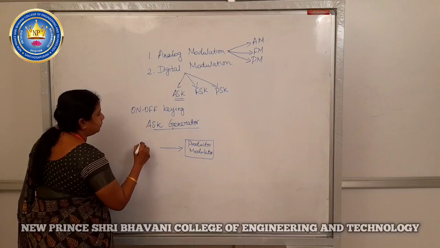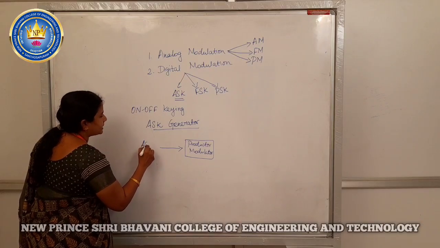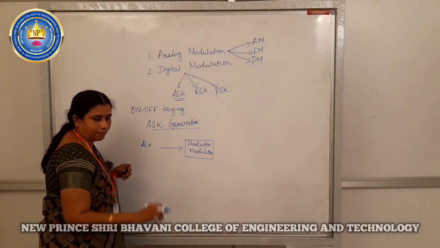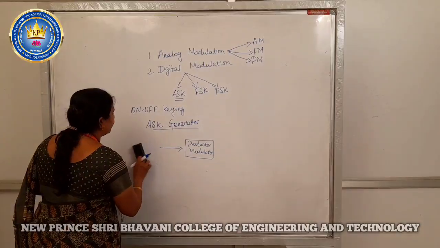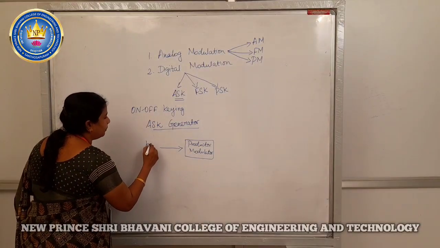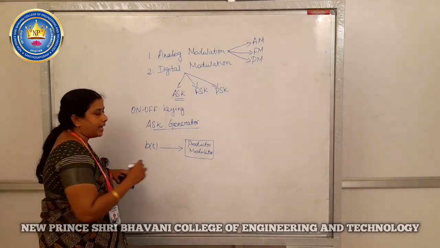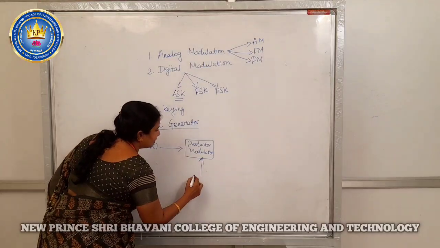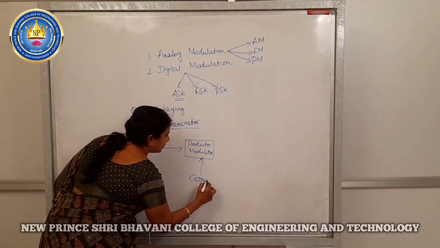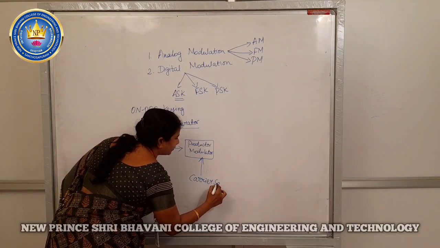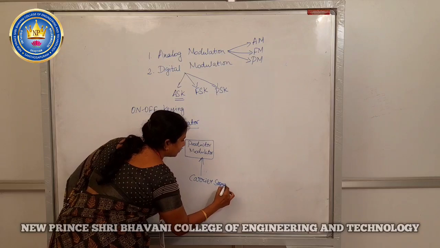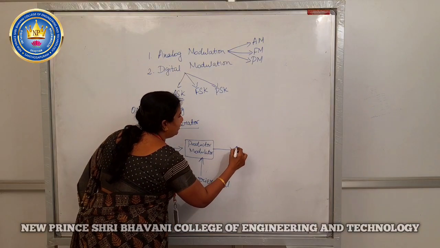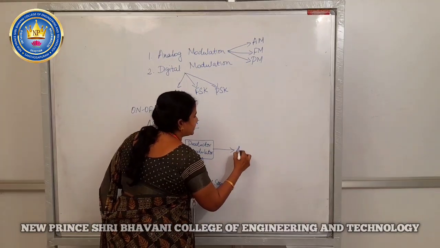The first one is your input signal, your binary signal, the binary data sequence. We are using B of t, and here we use the carrier signal. And your output will be the generated ASK signal.